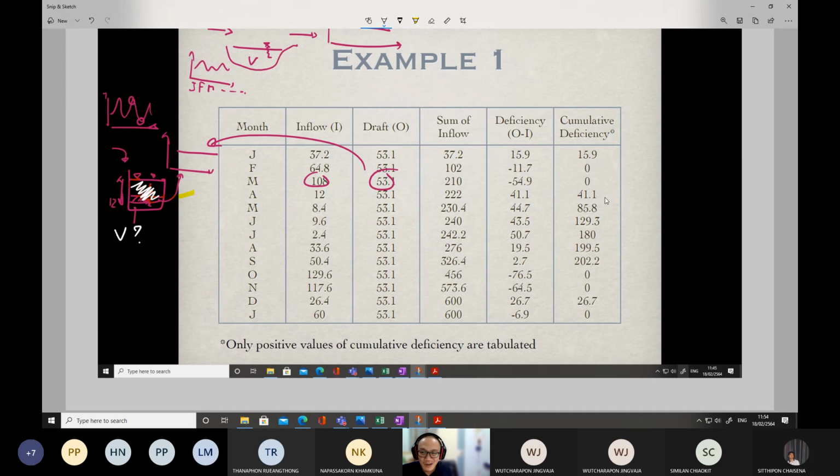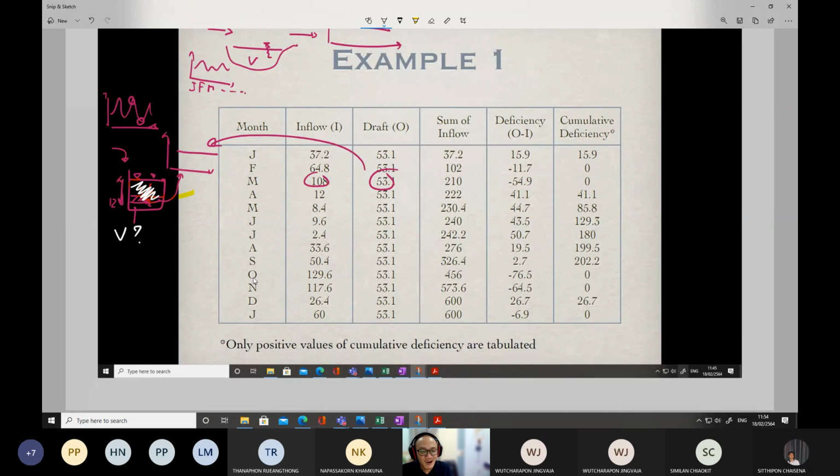So we take the cumulative deficiency for April, then combine it with the shortage in May, then June, July, August, and finally September. This is the maximum shortage, based on these 5 months.